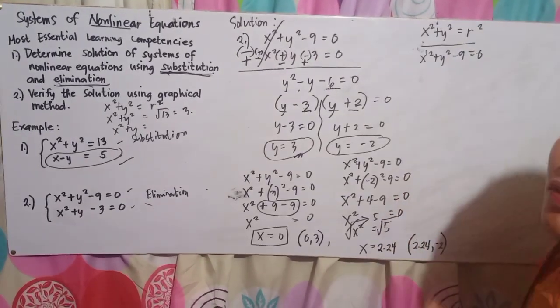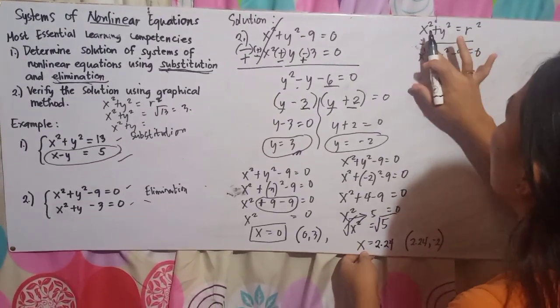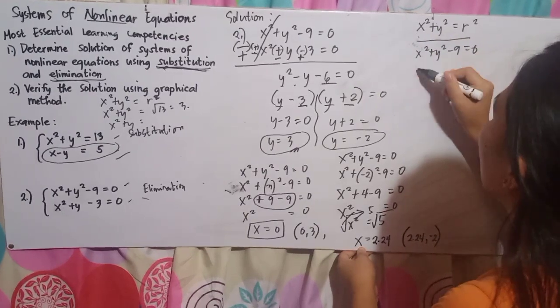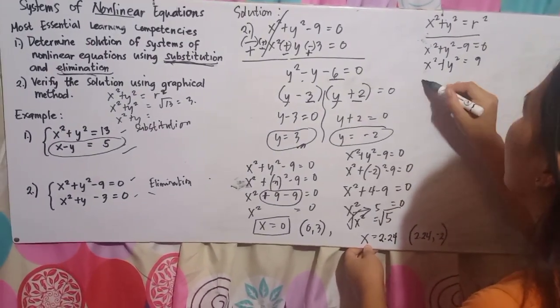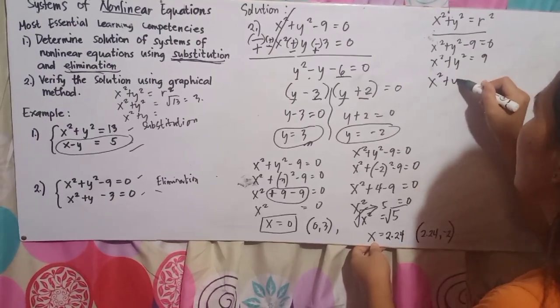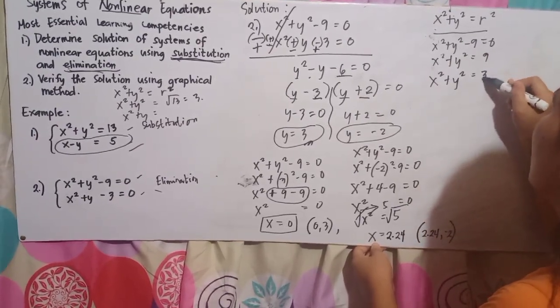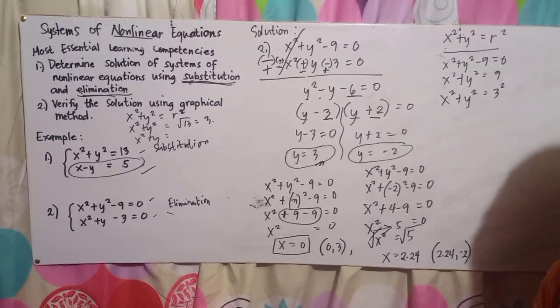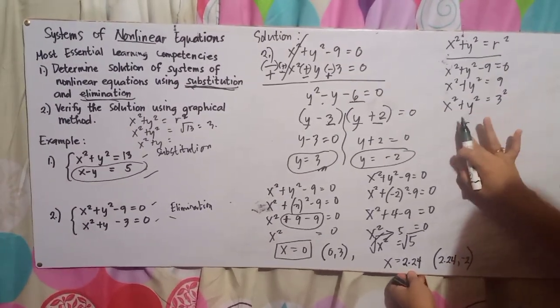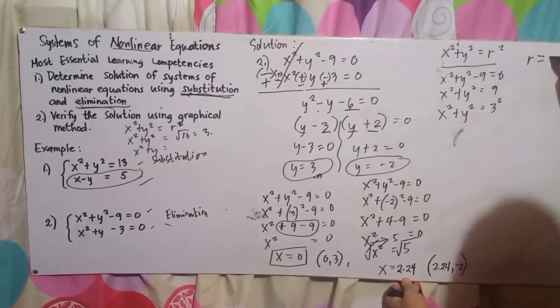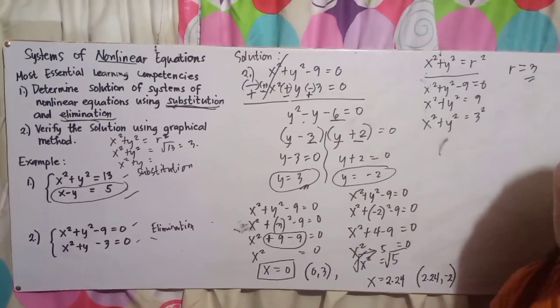So, i-move nato siya, ang equation: x squared plus y squared equals 9. So, magiging x squared plus y squared equals 3 squared. Okay, 3 times 3 is 9. So, r equals 3 sa circle.